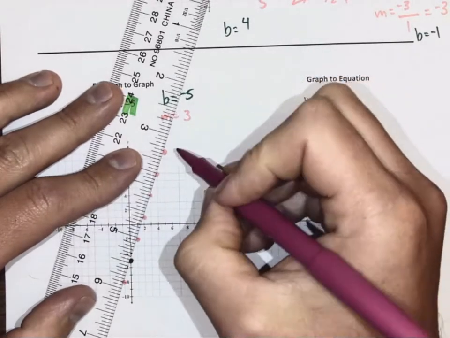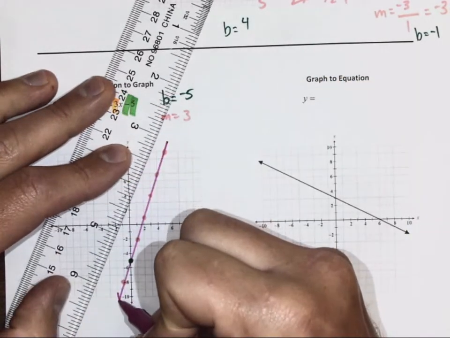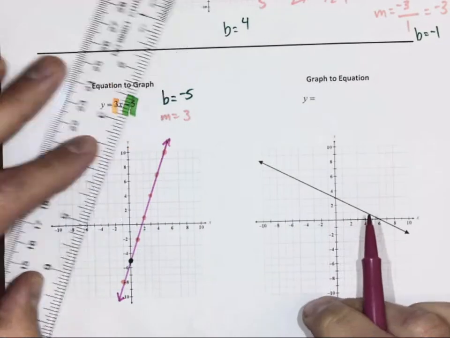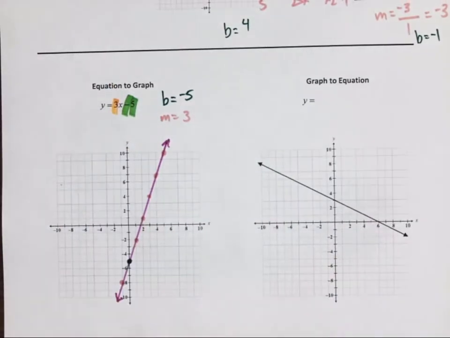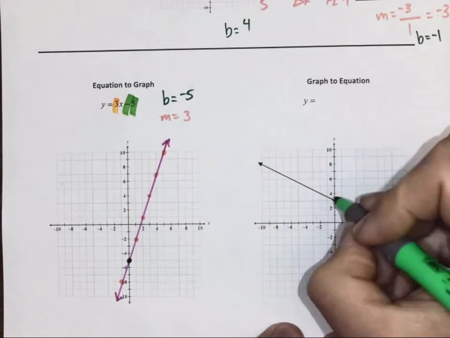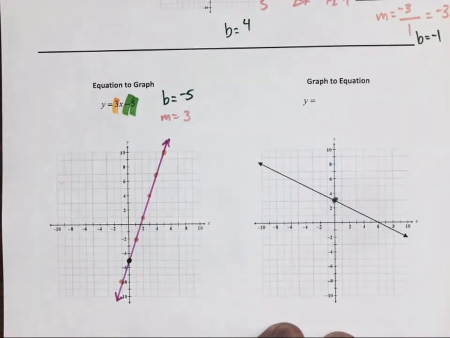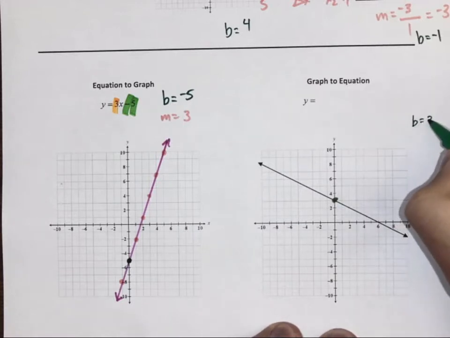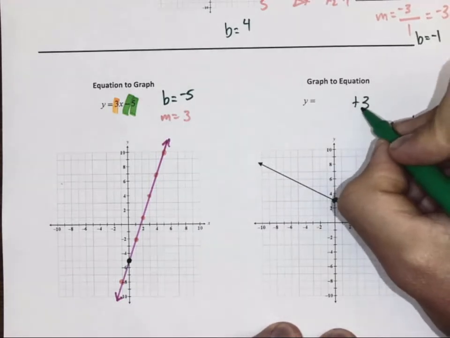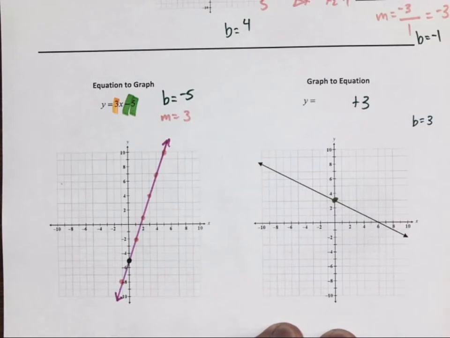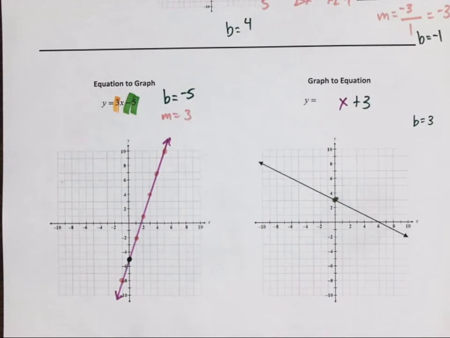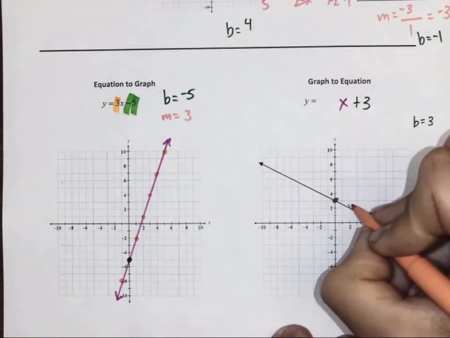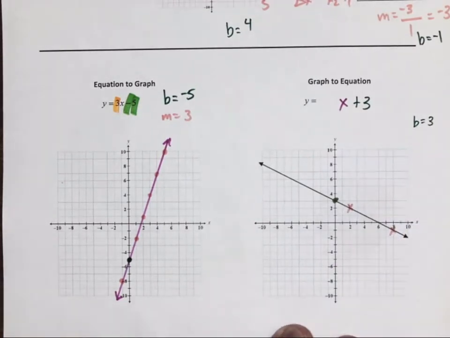There we go. Just got enough points. Take my straight edge drawing tool. There we go. To do the opposite, we can look: B is 3. I can state that there if I need to know. So that's going to be +3. And now I've got to find the slope. Remember, that's going to go right in there. So let's find two nice points. I'm going to choose that one and that one.